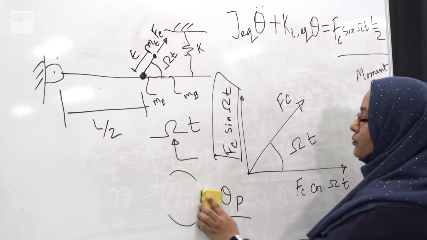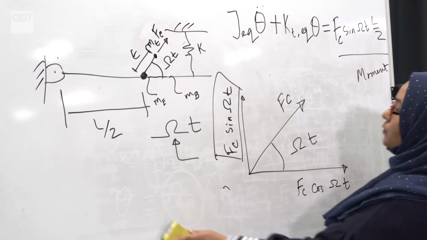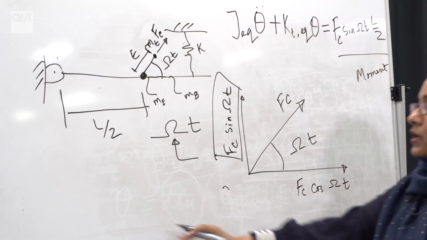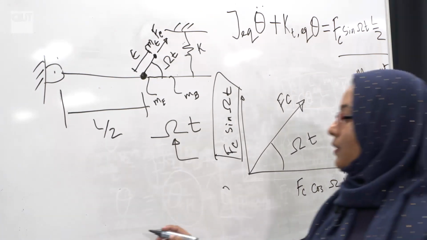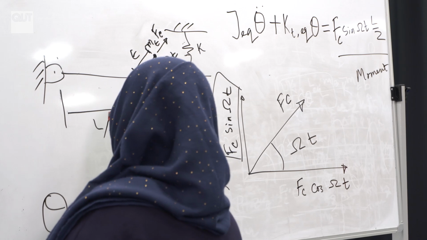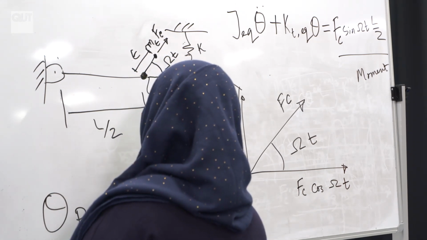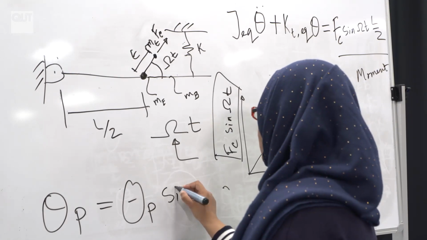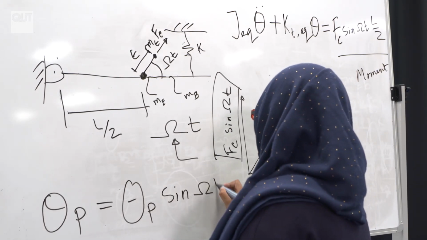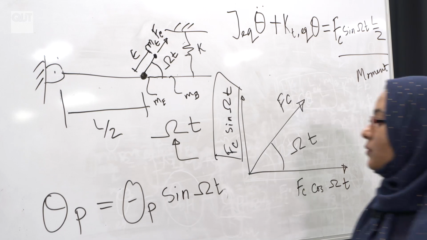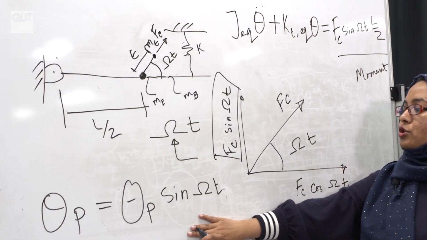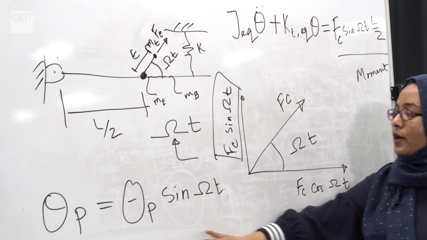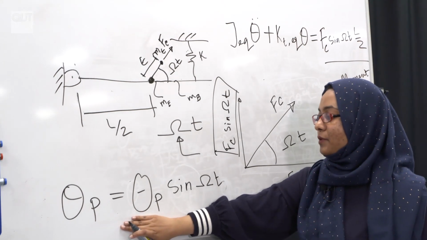To get the expression for the particular solution, I will write the equation here. Theta p equals capital theta p, which is the amplitude, times sine capital omega t. That is the particular solution for this system, where capital theta p is the amplitude.